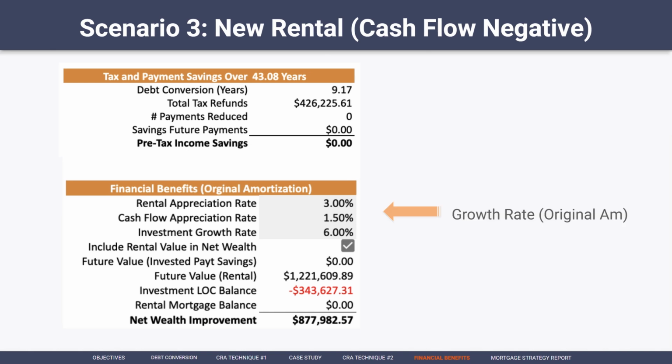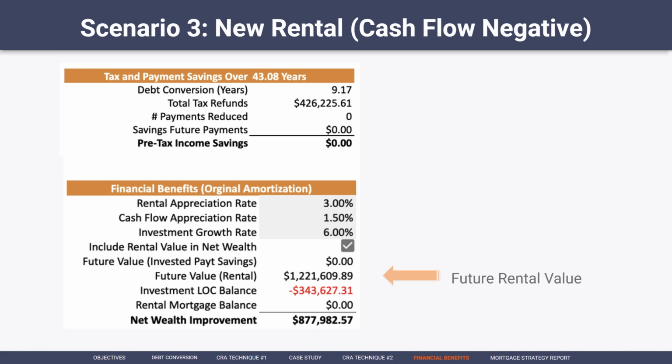Future rental value, no change, $1.2 million. Outstanding liabilities, this is where we begin to see a difference. The investment line of credit has a balance remaining of $343,000. That's because we ran negative cash flow for 15 years, and we drew on the investment line to cover the shortfall along the way.